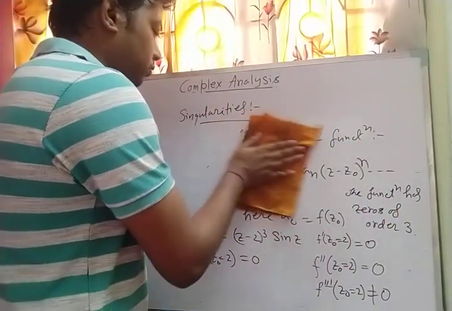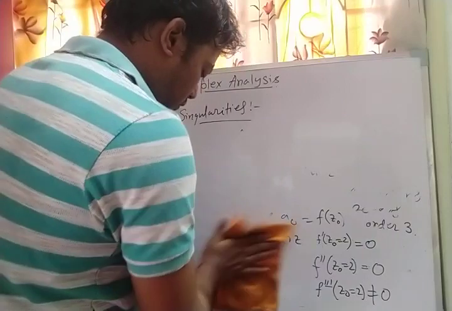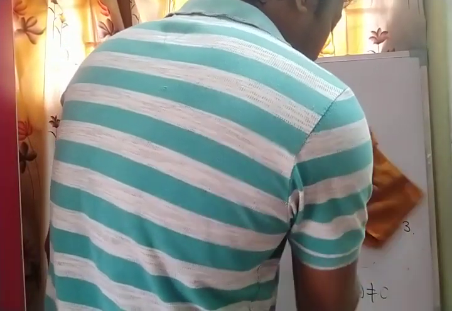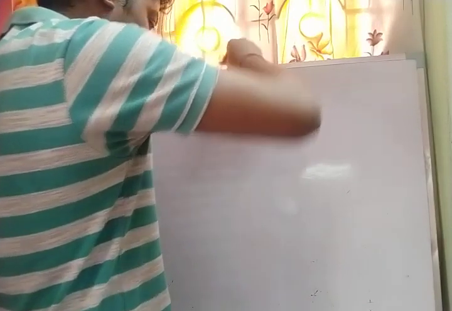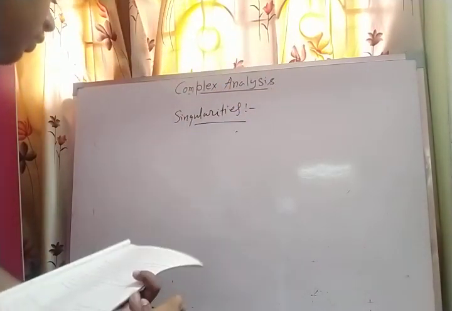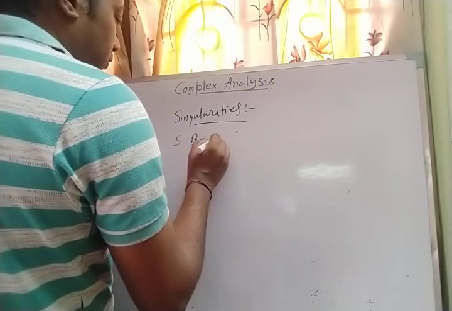Next, we are talking about branch point singularities. So number 5 is branch point.